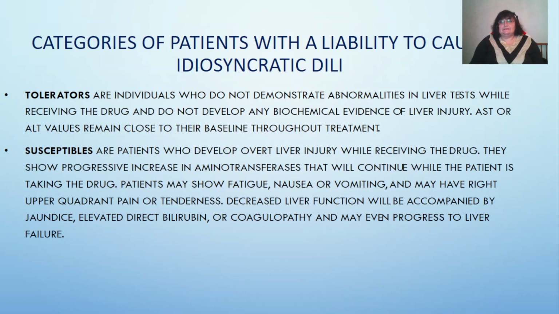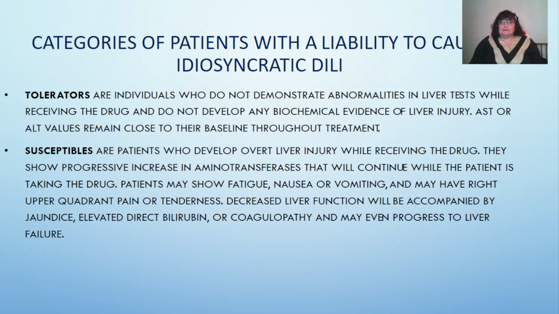Categories of patients with liability to cause idiosyncratic DILI. Tolerators are individuals who do not demonstrate abnormalities in liver tests while receiving the drug and do not develop any biochemical evidence of liver injury. AST or ALT values remain close to their baseline through treatment. Susceptible are patients who develop overt liver injury while receiving the drug.